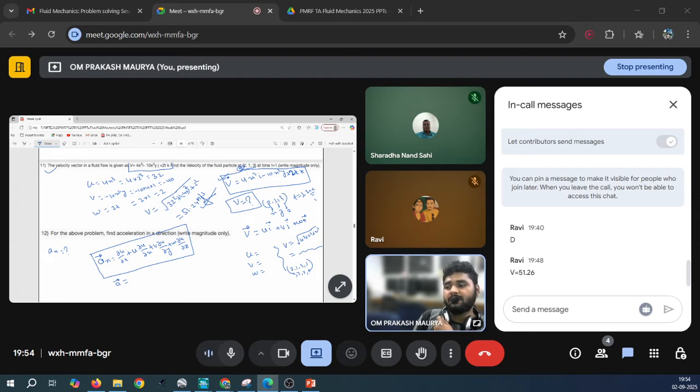Whatever you get, the answer is direct. If your answer is minus, then the square root will be considered. Otherwise, if you get a positive, there is no meaning.